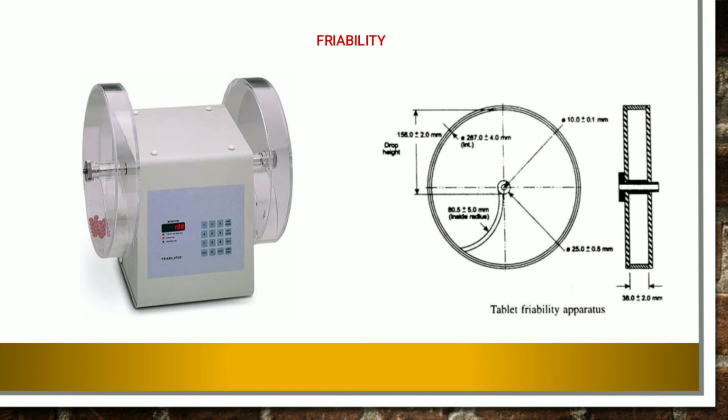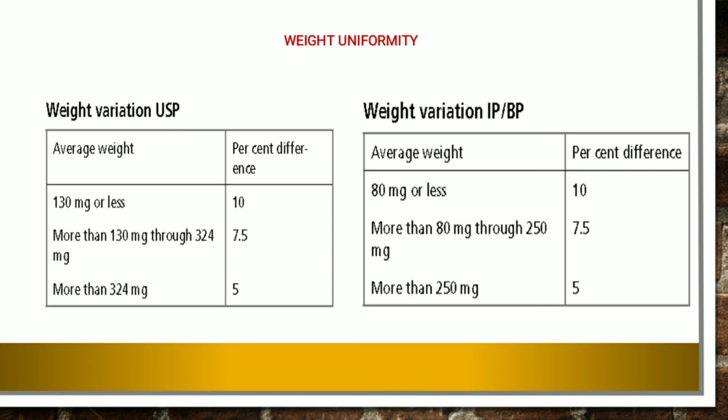So these were the different unofficial or non-official tests which were used in order to study the evaluation of tablets. However, this friability is official as per USP, but it is unofficial according to IP and BP.